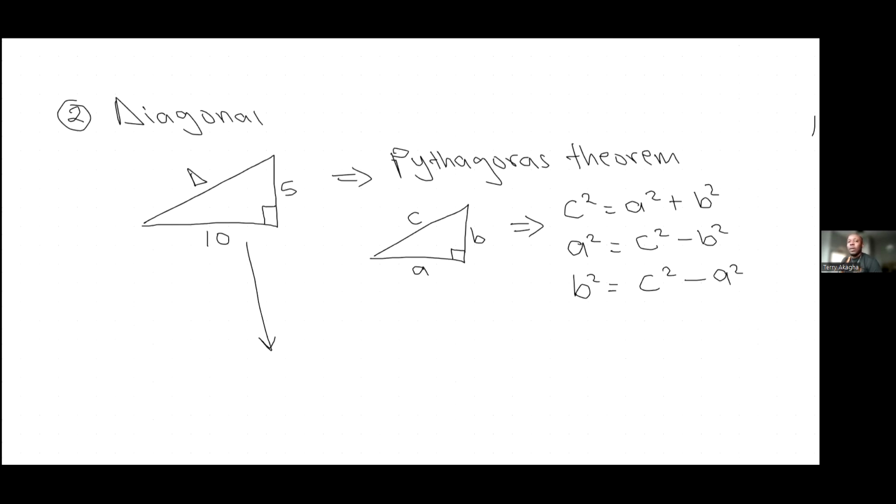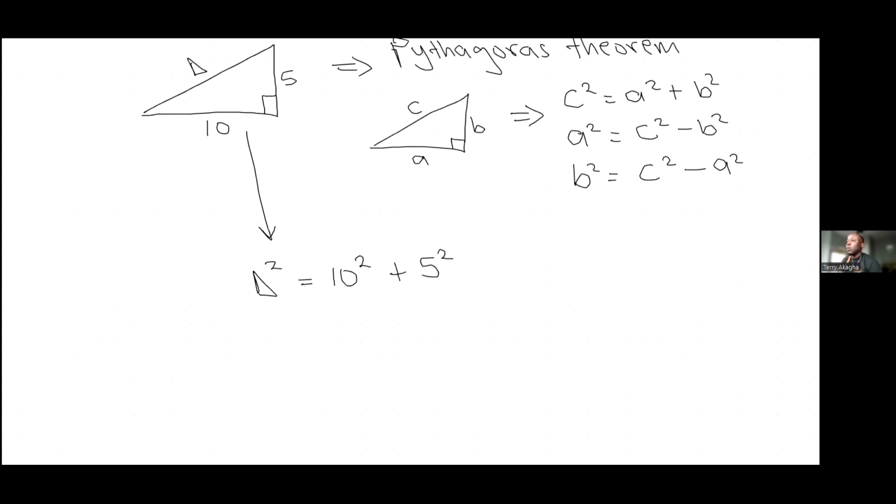Now we can use Pythagoras to solve this. So D squared is going to be equal to 10 squared plus 5 squared. D squared is equal to 100 plus 25, which is 125.